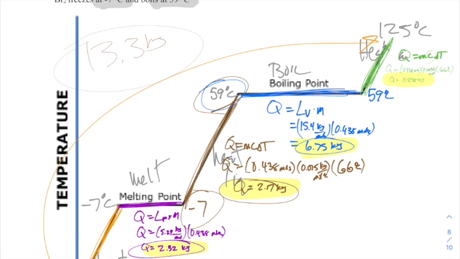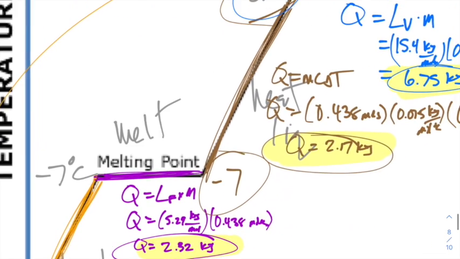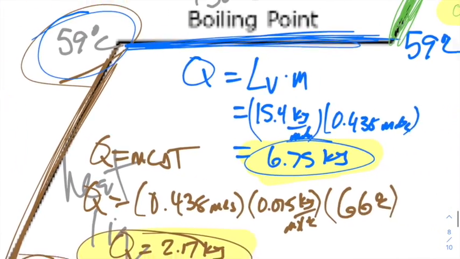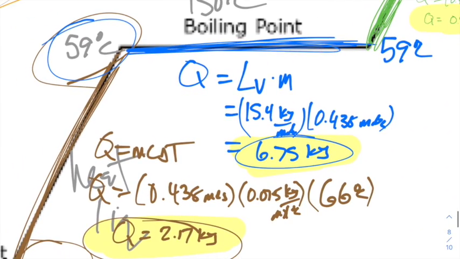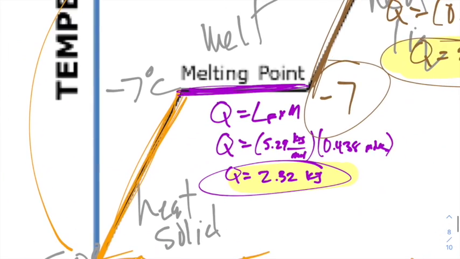Last thing to say about this is that I don't know that they're going to give you anything as excessive as this problem. This is probably well above and beyond the call of duty as far as what they would expect from you. But what they could easily have you do is like the brown and blue steps here. How much does it take to raise something to its boiling point and then boil it? Or the other way around.